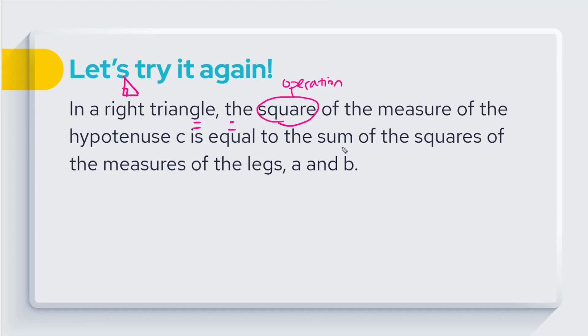This is telling us to do some math of the hypotenuse C. So here we've been told to use C, right? C is the hypotenuse.